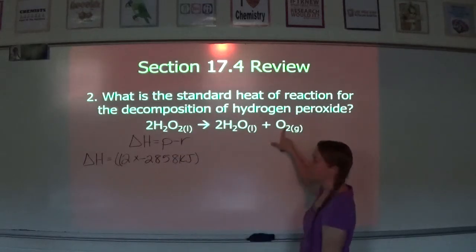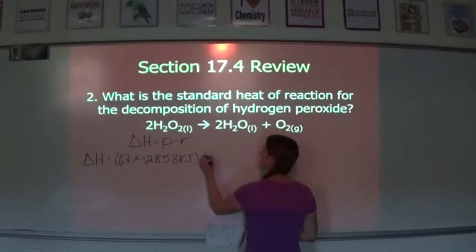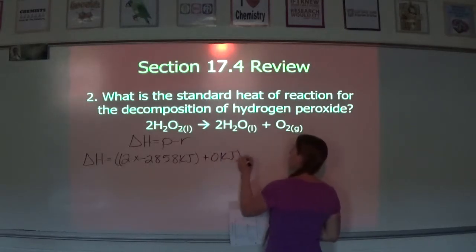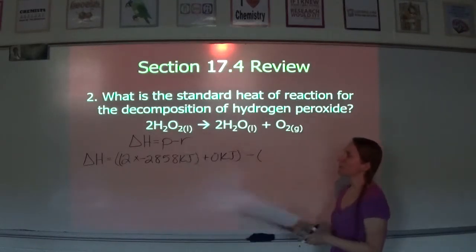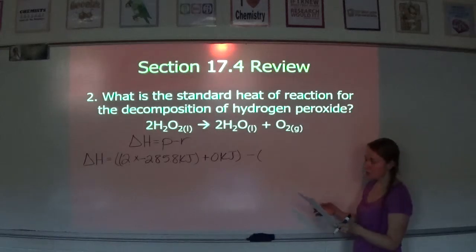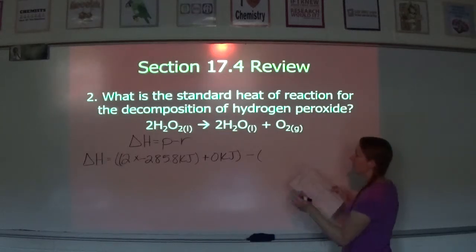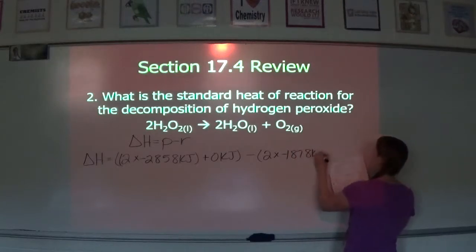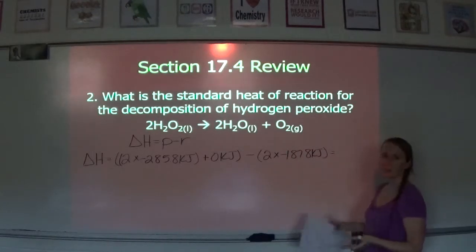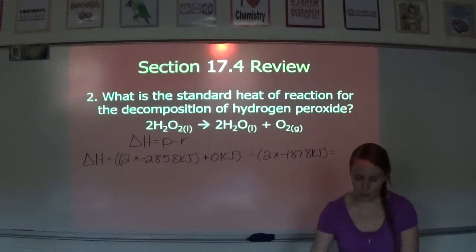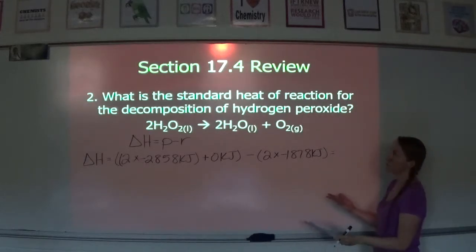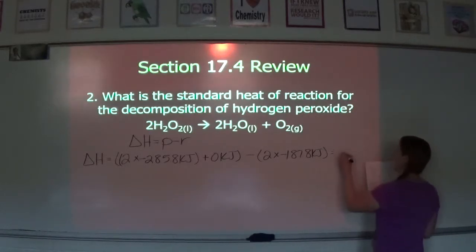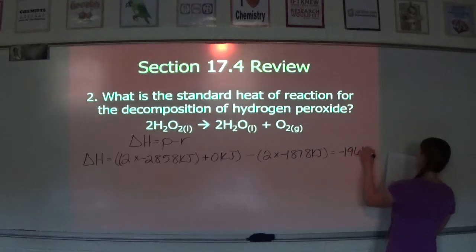Then we have oxygen as a gas, O2 gas, so that's 0 kilojoules, minus our reactants. We have 2 hydrogen peroxide, H2O2 liquid, so I'm going to do 2 times negative 187.8 kilojoules. Remember, these numbers are just coming from a thermochemistry chart page or online. Like I said, there were a few I probably had to look up. When I solved, I got negative 196 kilojoules.